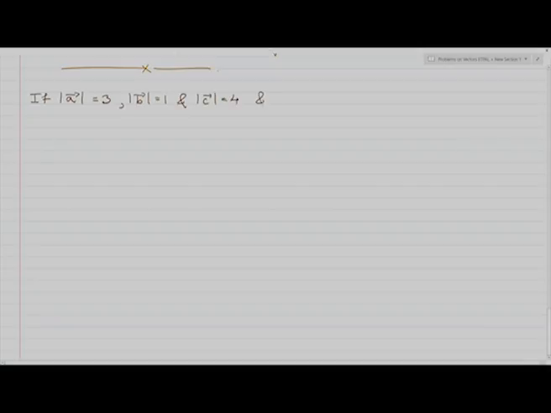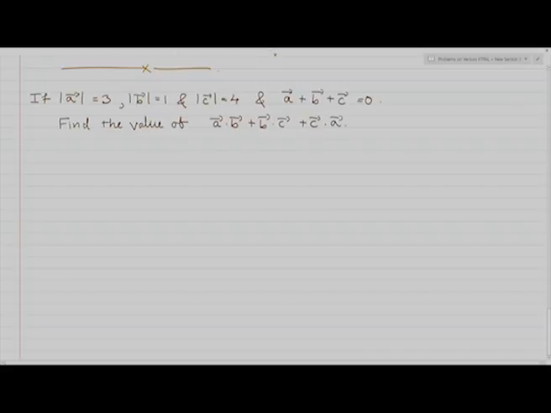Also, I have been given a condition that vector A plus vector B plus vector C, the vector addition, is equal to 0. Then I want to find the value of the cyclic dot product, A bar dot B bar plus B bar dot C bar plus C bar dot A bar.